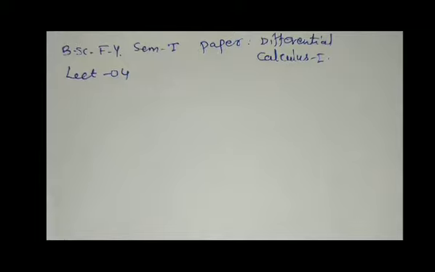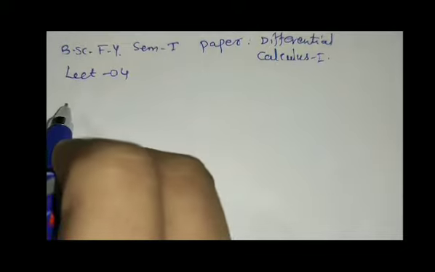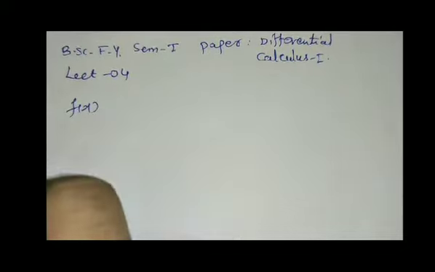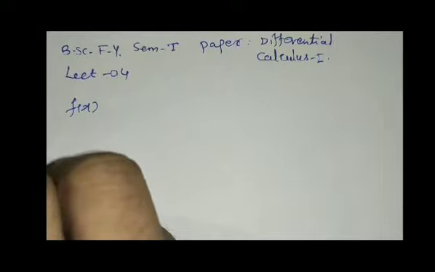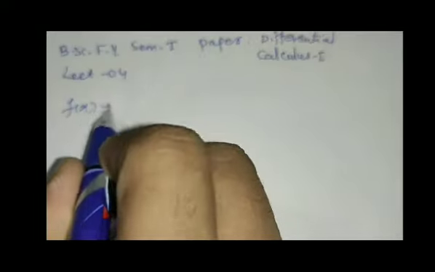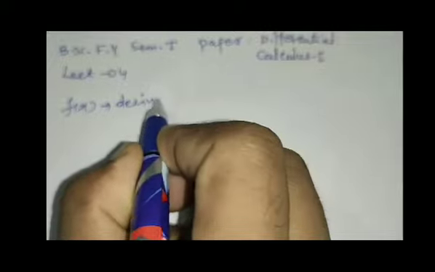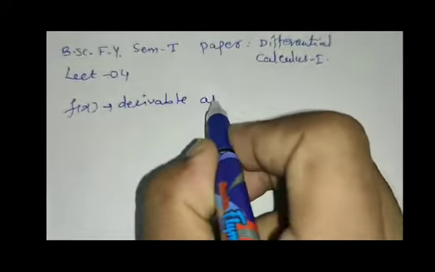So student, in the last lecture we have discussed the definition of derivative. So what is the derivative? If f of x is a function, it is said to be derivable at the point x is equal to c.